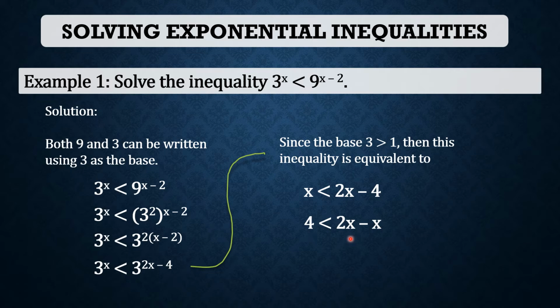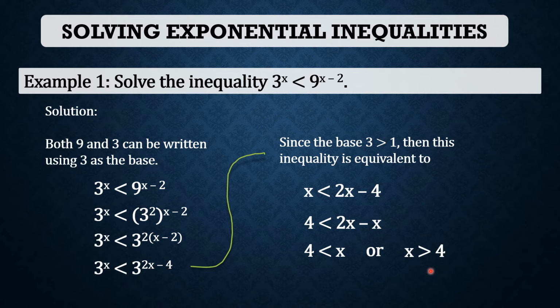So 4 is less than 2x minus x. By simplifying, we know that this is equivalent to 4 is less than x. And 4 less than x is the same as saying x is greater than 4. Okay? So ang solution natin dito, no? X should be greater than 4. And we know that 4 is not part of the solution set. Right?